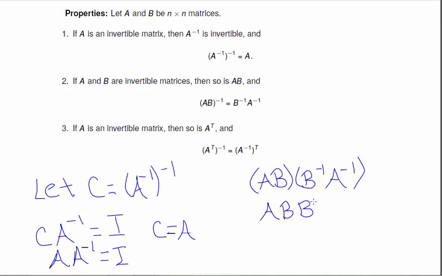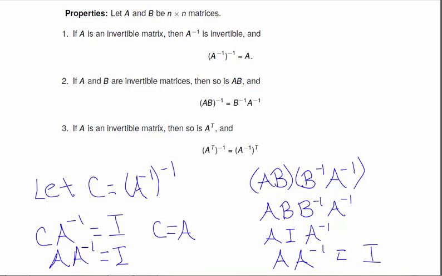I can move them around as much as I want. B B inverse is going to be equal to the identity. Multiplication by the identity really doesn't change anything. So now I just have A A inverse, which is equal to the identity. So I have shown that these are inverses by just multiplying them and getting the identity.